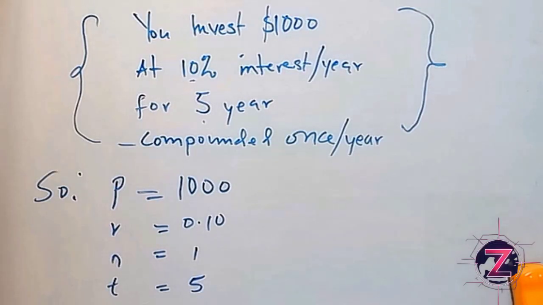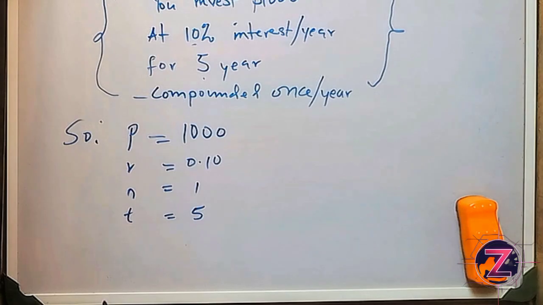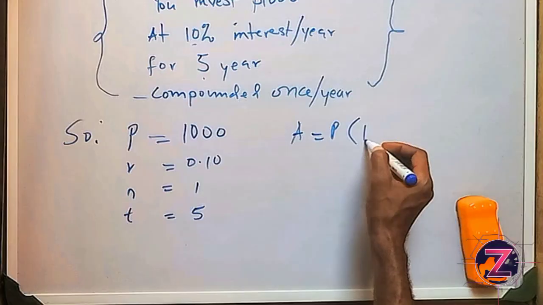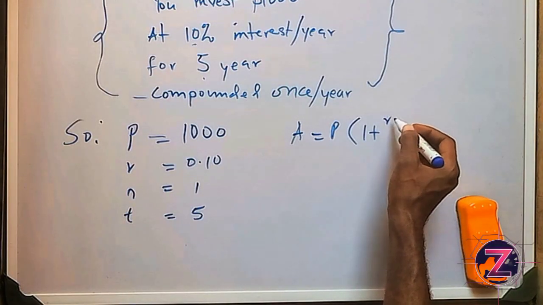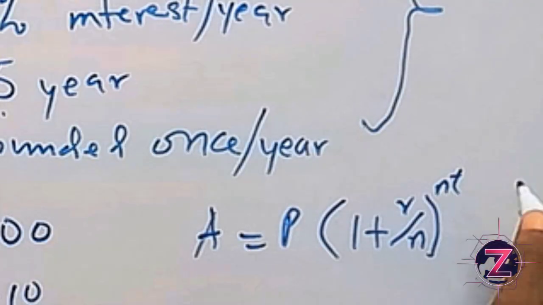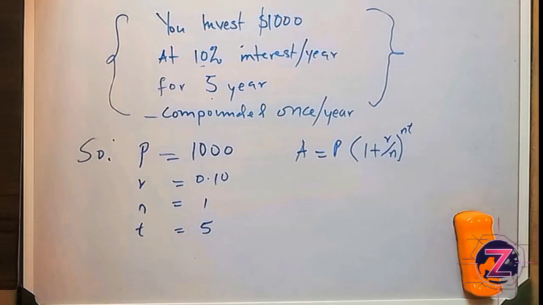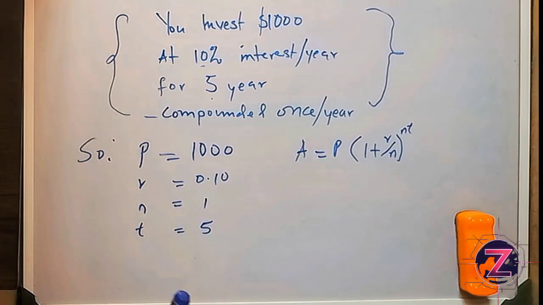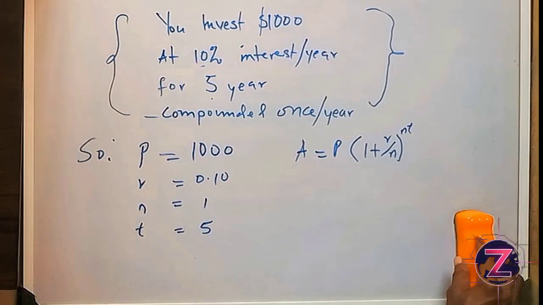So now we substitute into the formula A = P(1 + R/N)^(NT). Let's now input these values step by step and see the interest.